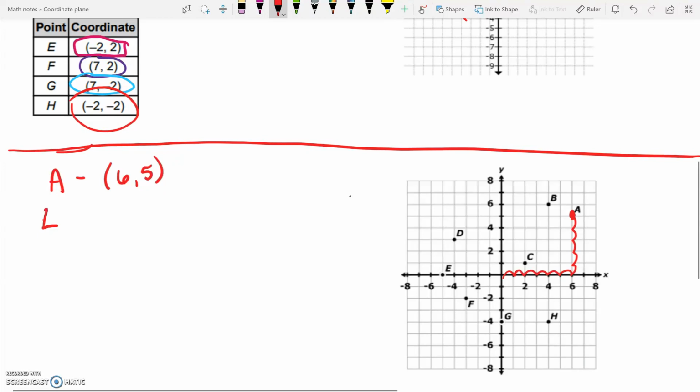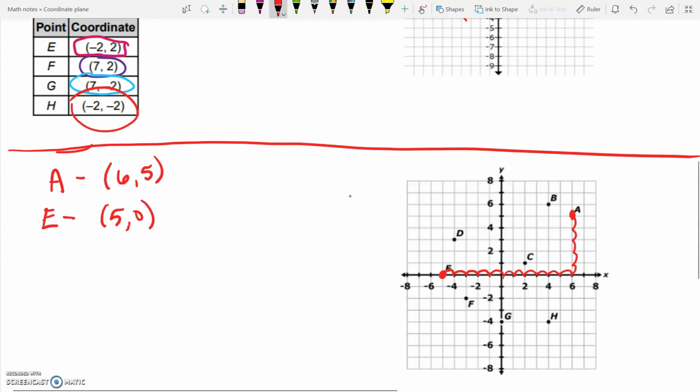All right, how about point E? A lot of people get confused with point E. Okay, so E is right here on the x-axis. So that means I'm going to go over 1, 2, 3, 4, 5. So my x will be 5. But am I going up or down at all? No, I'm staying at 0. So my point then for E is 5, 0.